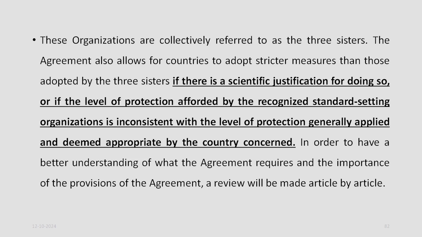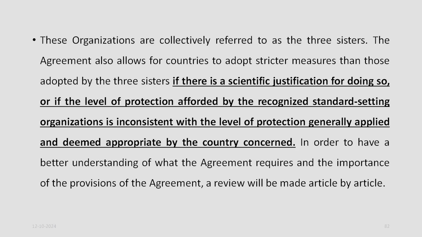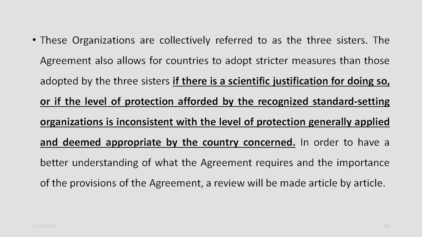In that respect they are termed the three pillars, each working on its own with scientific knowledge. That will support the Sanitary and Phytosanitary Measures Agreement in a nutshell. These organizations are collectively referred to as the three sisters. The agreement also allows countries to adopt stricter measures than those adopted by these three sisters.